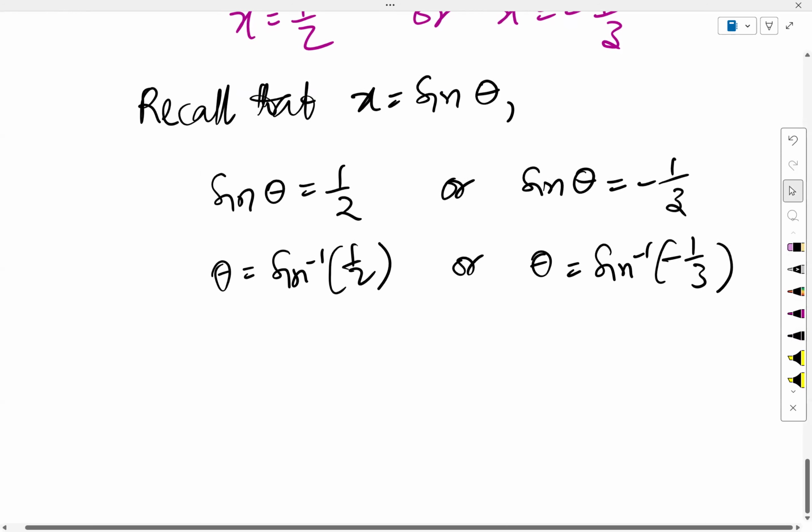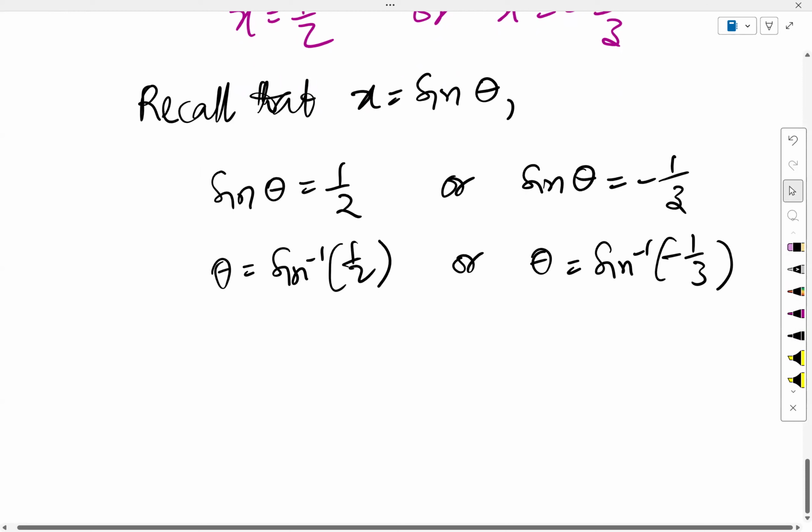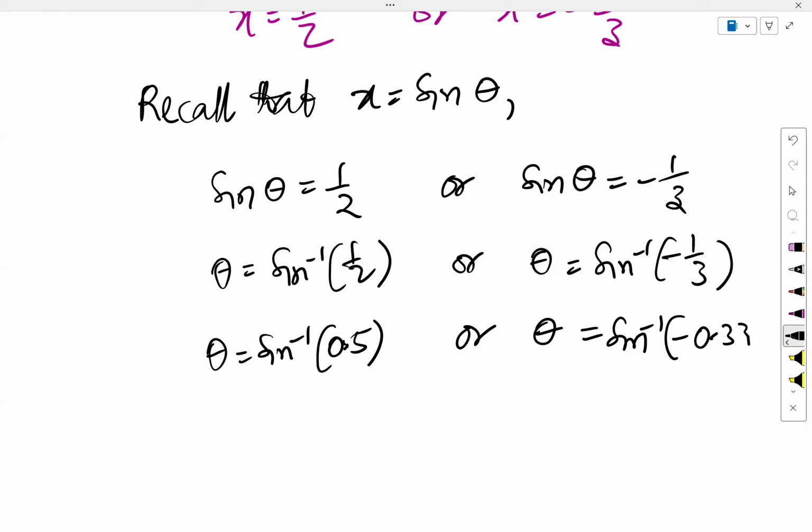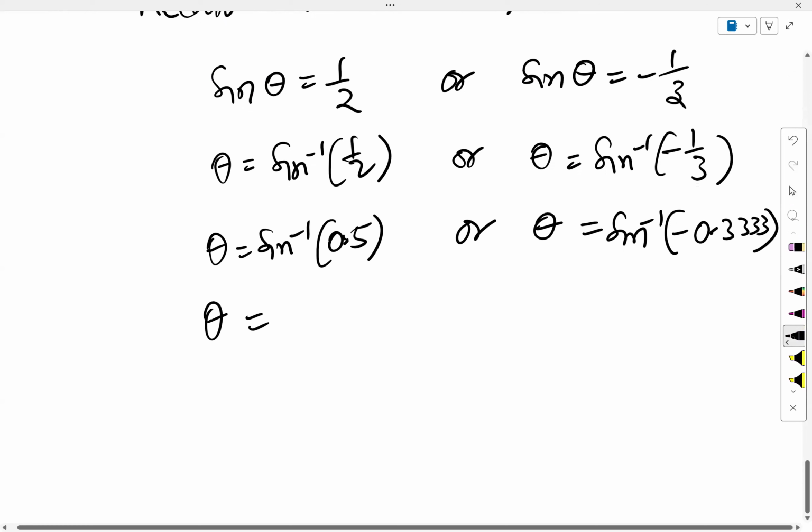Okay, so if you punch your calculator for this, this is more like theta equals arc sine of 0.5. So this is looking like a special angle, if you remember. Or if you have seen the video on special angles, you'll understand this. And this is arc sine of minus 0.3333, if you like.